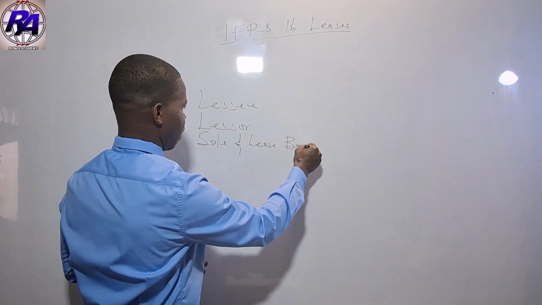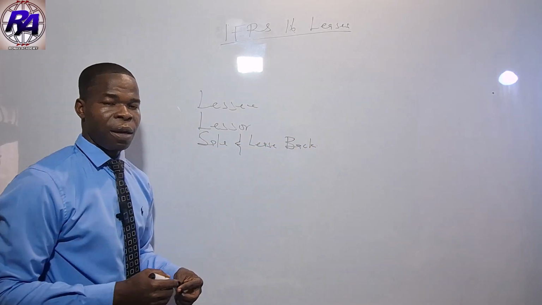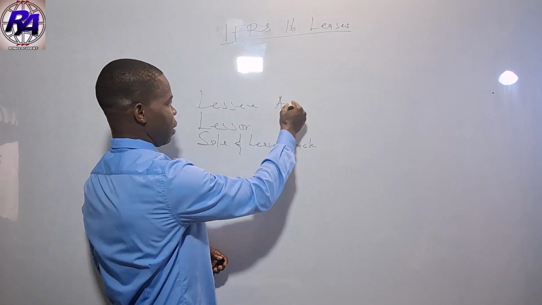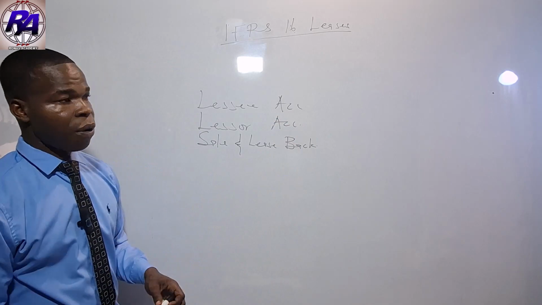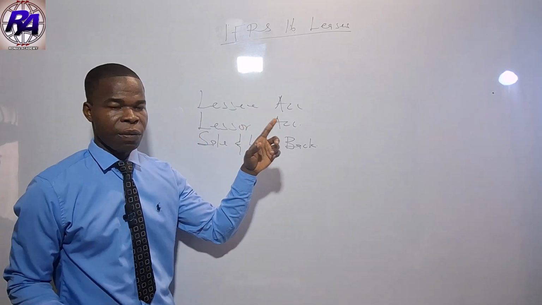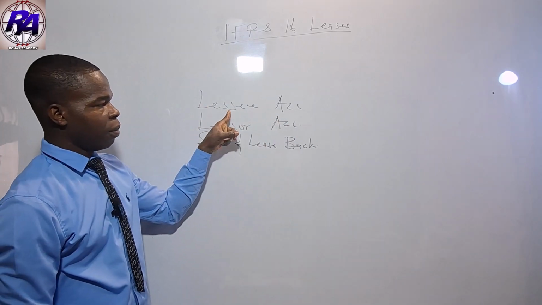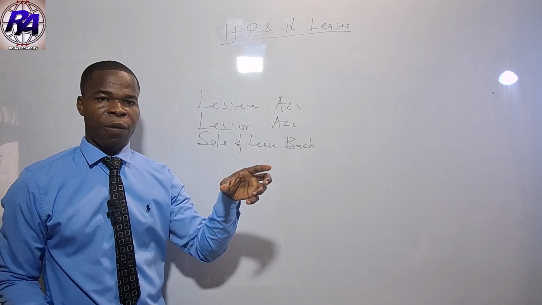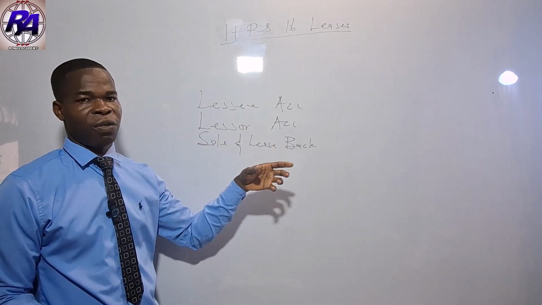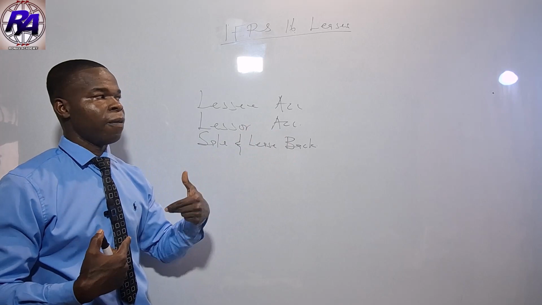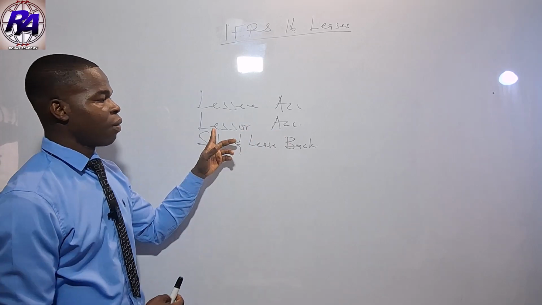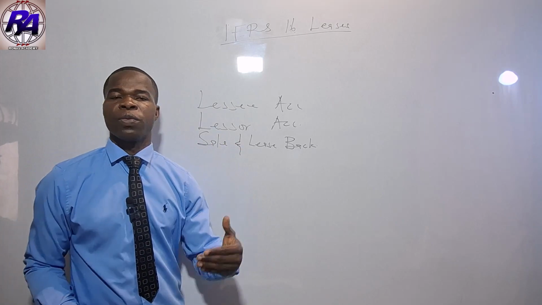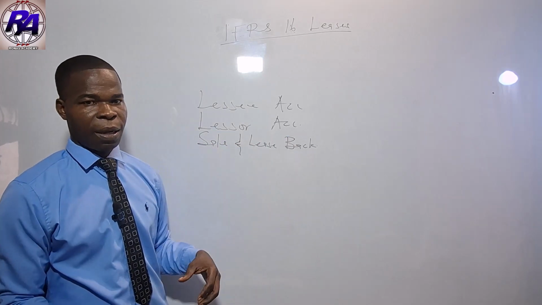Our focus in leases is going to be on how to account for a lease contract from the perspective of a lessee. In a moment, you'll get to know who is a lessee, who is a lessor, and what goes into a sale and then a leaseback.